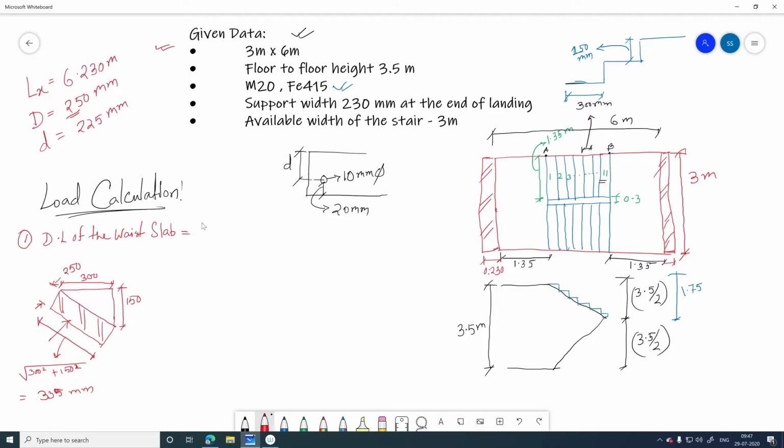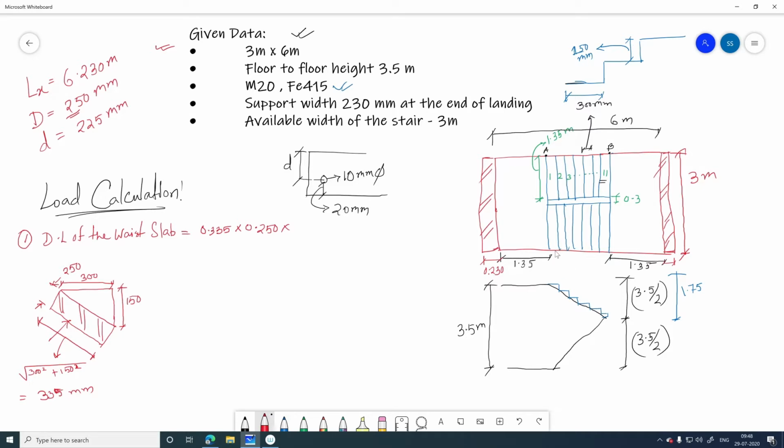So the dead load of the waste slab will be 0.335, that is in meter, that means this particular length, into the depth of the waste slab, that is 0.250, into the length of the single flight, that is 1.35.